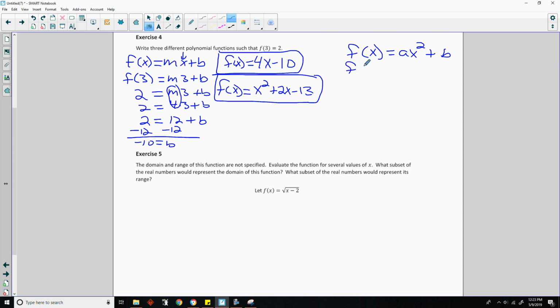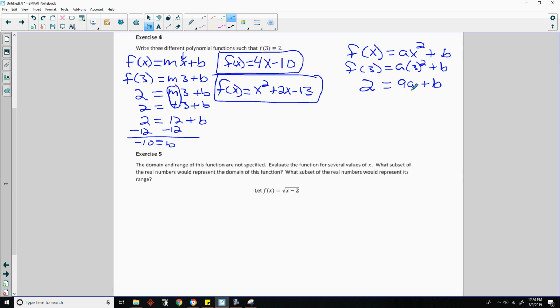I want f of 3, which means a times 3 squared plus b, and I want that to equal 2. So f of 3 equals 2. And 3 squared is 9, so I get 9a plus b equals 2. Now I can just choose a value for a or b, and it doesn't matter.